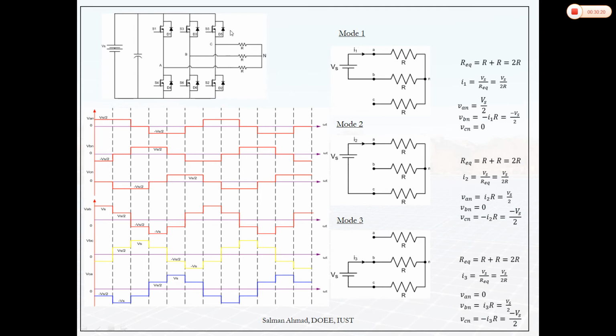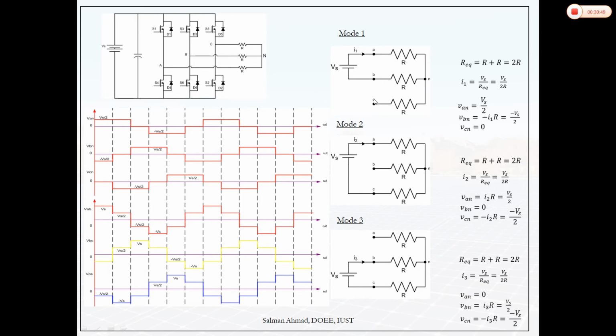Switch 5 and switch 2 are turned off, so this leg is not connected to any of the inputs, neither positive nor negative. So point A is connected with positive, point B is connected with negative, and point C is not connected to either.